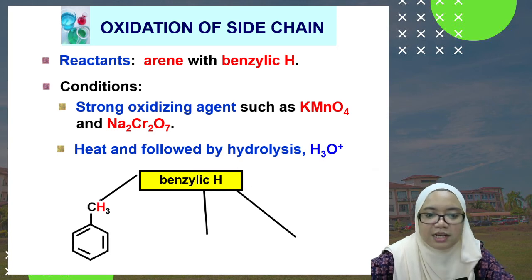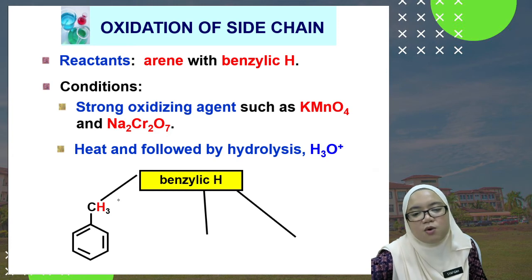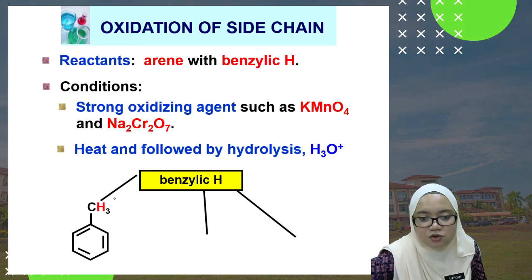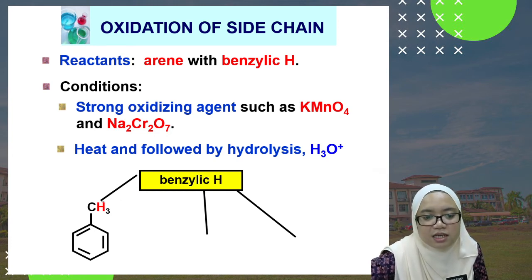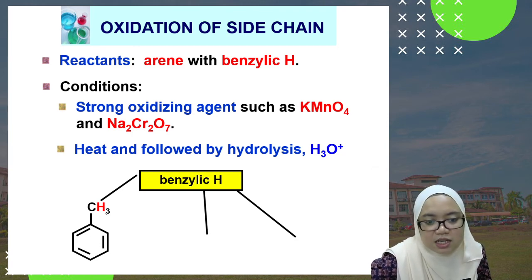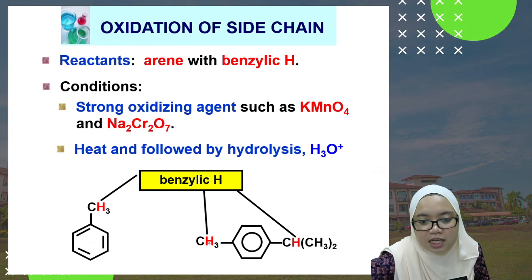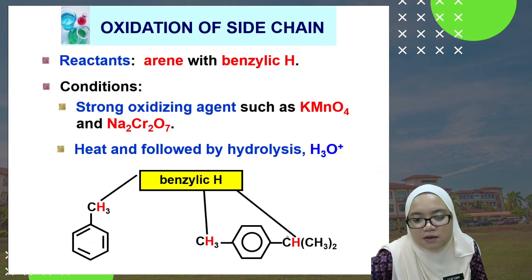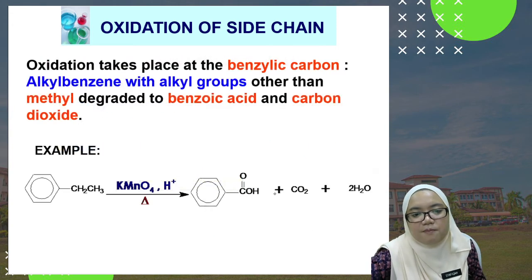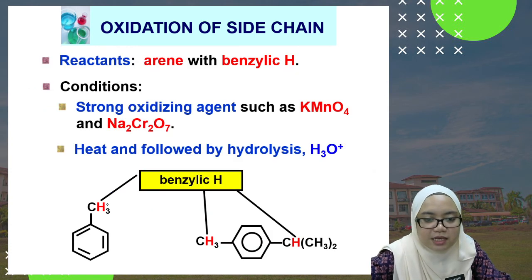Okay, so kita nak tahu apa itu benzylic hydrogen. So benzylic hydrogen is hydrogen yang dekat carbon di luar benzene ring. So ini adalah benzylic hydrogen, ini adalah benzylic hydrogen. Yang bukan kat dalam, bukan. Yang dekat luar ni adalah benzylic hydrogen.